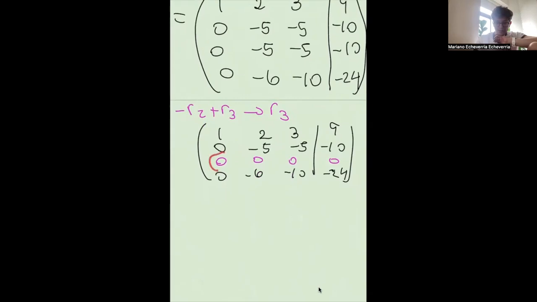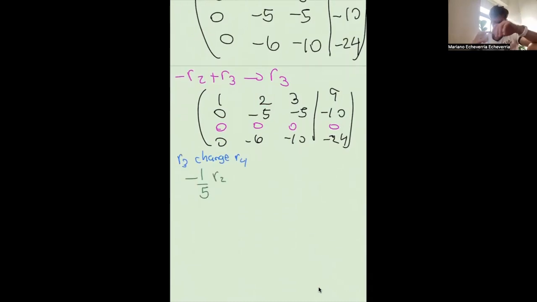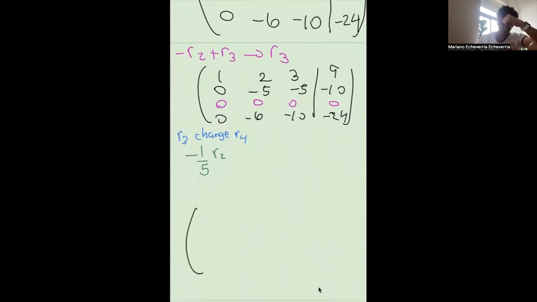And this is a good example where we got a row of zeros, so you can move it to the bottom. To move it to the bottom, I'm going to change row 3 with row 4. And I also want a 1 here, so I'm going to multiply row 2 by minus 1/5 to get a 1 here. Once I do that, let's see what this looks like.